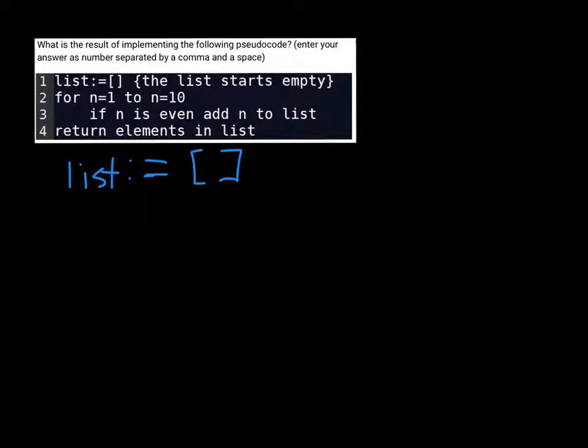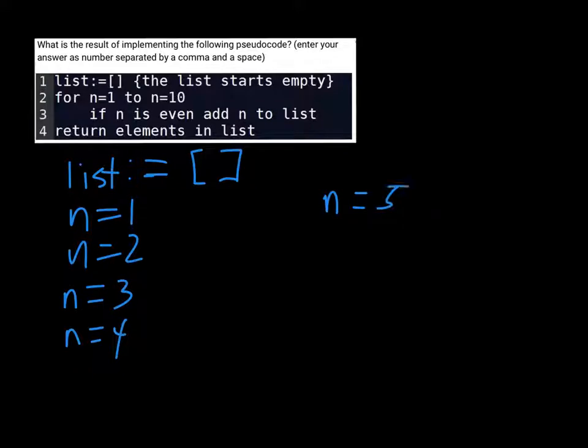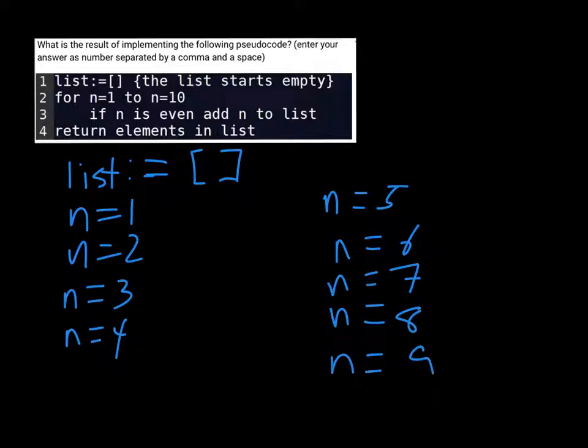So, all the possible values for n: n is equal to 1, n is equal to 2, n is equal to 3, n is equal to 4, n is equal to 5, n is equal to 6, n is equal to 7, n is equal to 8, n is equal to 9, n is equal to 10.